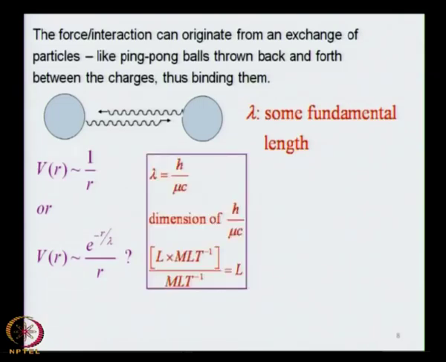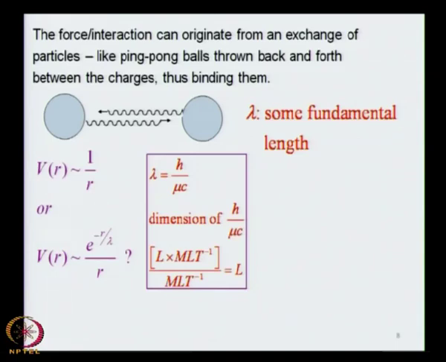So, let us construct some quantity from fundamental constants. The fundamental constants that we choose are the Planck's constant, the photon mass m, and the speed of light, because if you take this ratio of angular momentum divided by the mass of the photon multiplied by the speed of light in the denominator, then the dimension of this quantity turns out to be length, and it is a fundamental length because it is coming from fundamental constants.